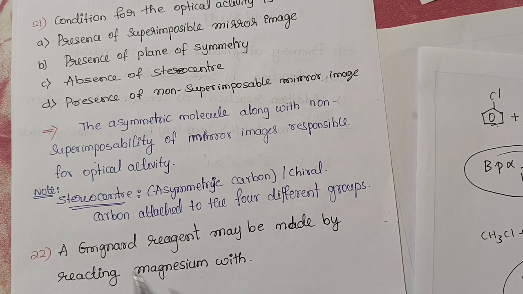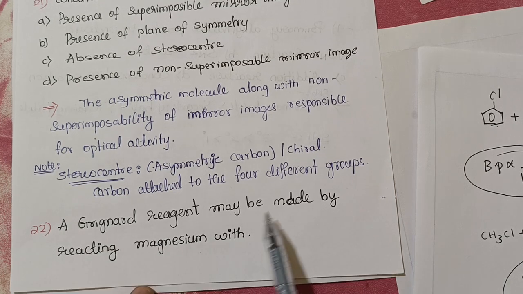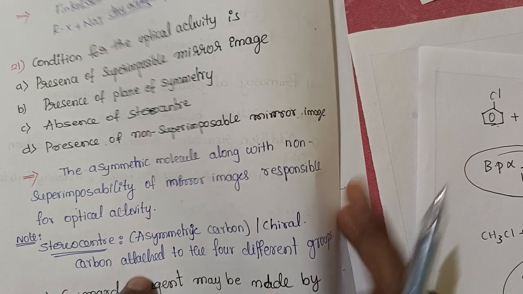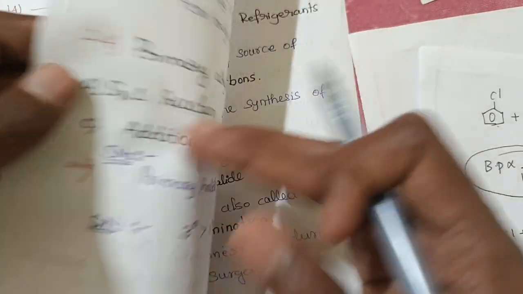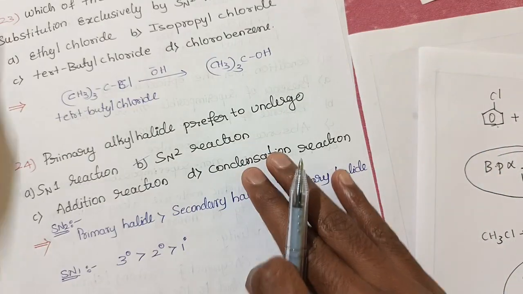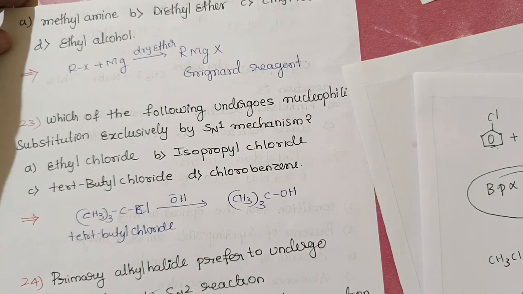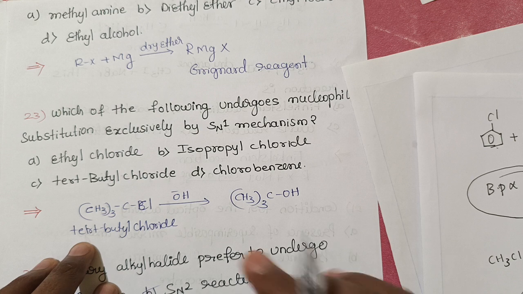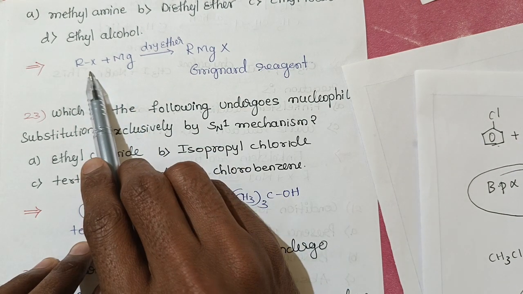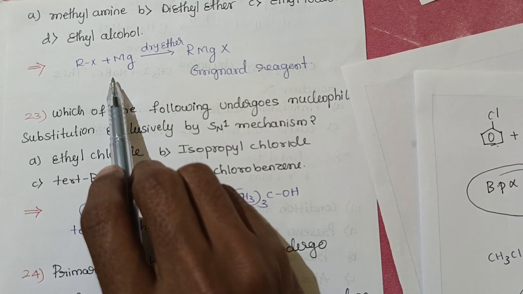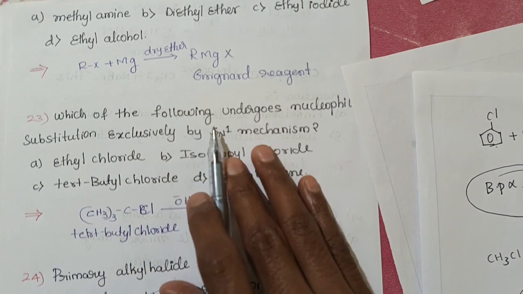And the next one is, a Grignard reagent may be made by reacting magnesium with. Again a very simple question. If you practice the reaction, it is very simple. RX, alkyl halide, whenever it is reacted with magnesium in presence of dry ether, there is a formation of the Grignard reagent.